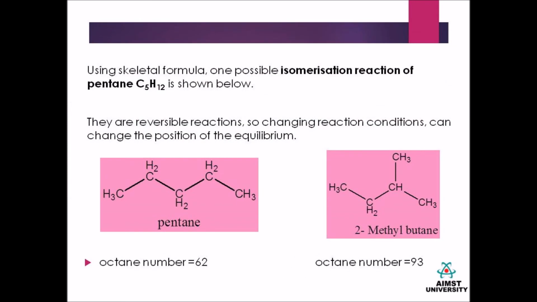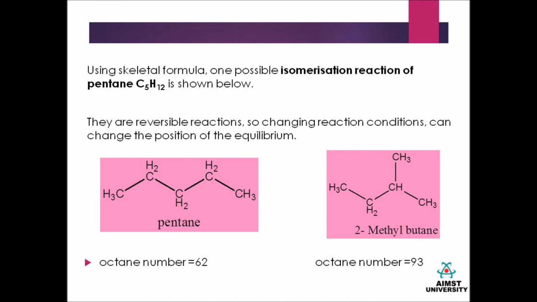One possible isomerization reaction of pentane is shown here. It has the formula C5H12. It can exist in two forms, that is pentane, a linear form, and 2-methylbutane, a branched form. Each form can change into the other form depending on the reaction conditions.